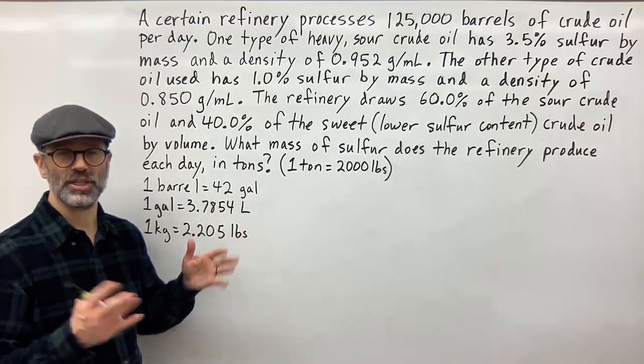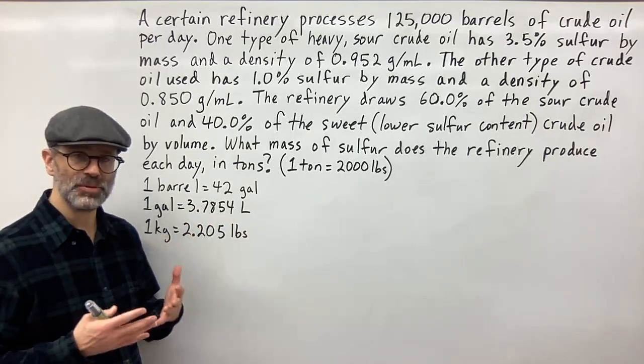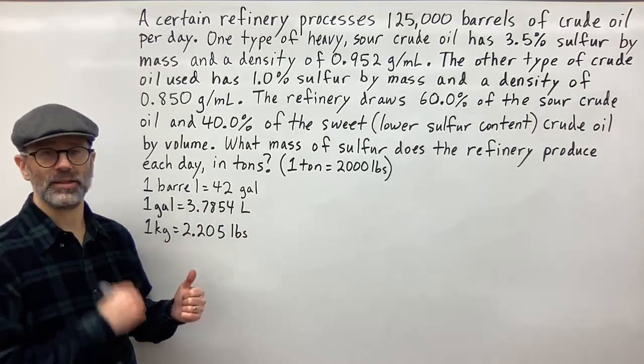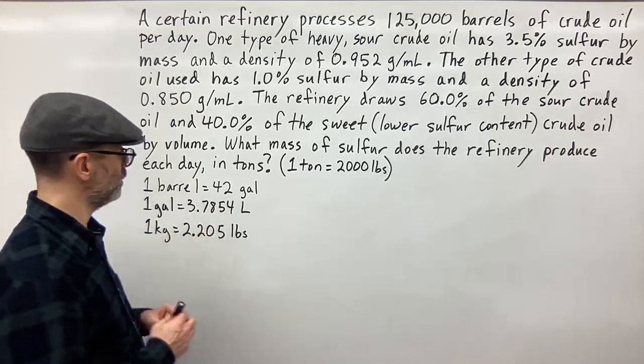So we have to do those separate conversions and then add them together. So conceptually it's simple, but mathematically it's going to be long. So let's go ahead and do this.